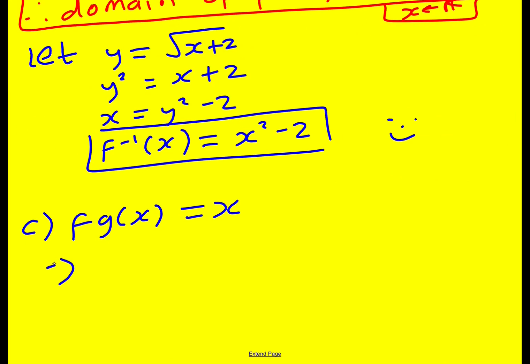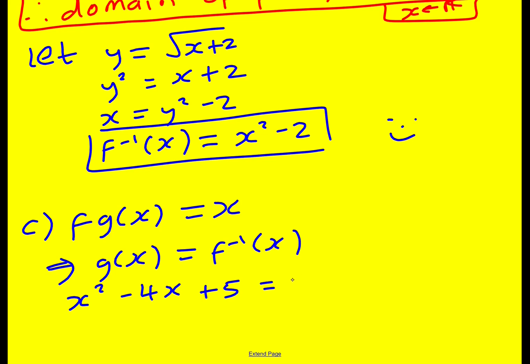Or you can do the following. You can say that g of x is going to equal the inverse of f of x. Essentially, I've applied the inverse function to both sides. So now I can write down that x squared minus 4x plus 5 is equal to x squared minus 2. I can cancel out the x squareds, so I get that 4x is equal to 7, and therefore x equals 7 over 4.